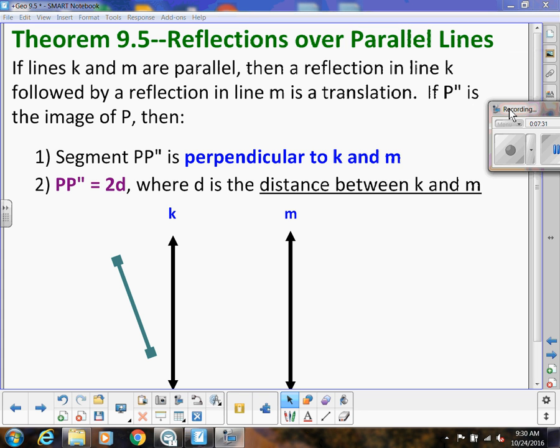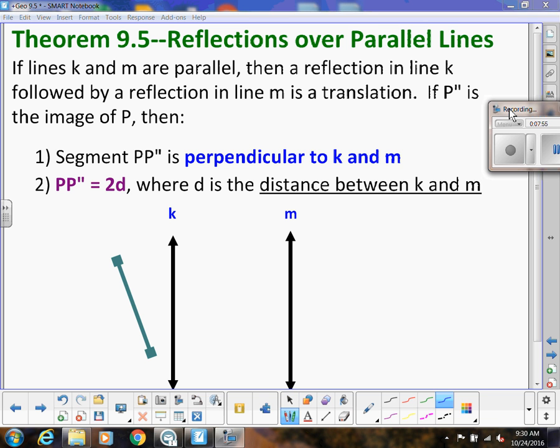So here's one specific one where I'm going to do a double reflection. In this double reflection, my lines of reflection are parallel. So I have K and M are parallel. If we do a reflection over K followed by a reflection over the line M, then here's what we know about P and P prime.